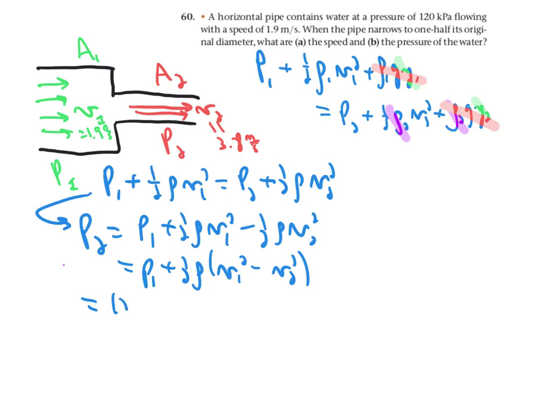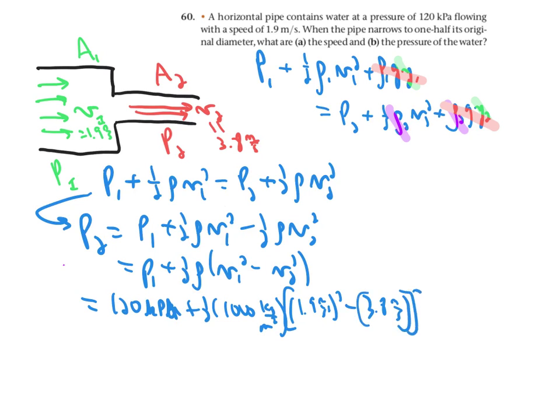So 120 kilopascals plus 1/2 times, we'll assume that this is pure water since they don't say anything otherwise, so that's 1,000 kilograms per meter cubed, times 1.9 meters per second quantity squared minus 3.8 meters per second quantity squared. 120 kilopascals plus what turns out to be minus 54.14 pascals.